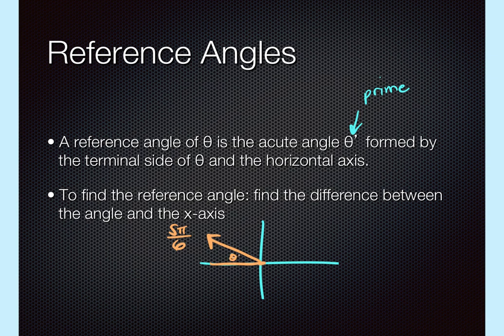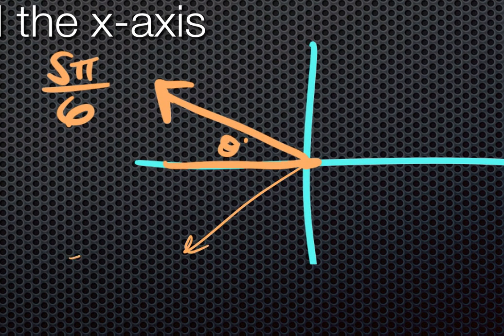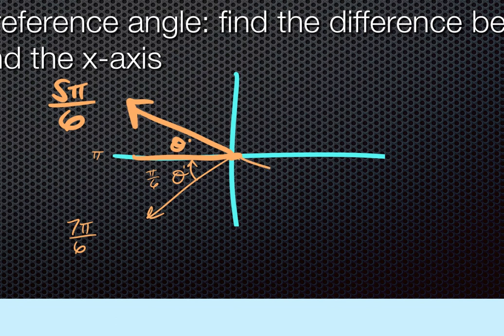And that's why we put theta there. If I put it here, and this is 7 pi over 6, the distance from 7 pi over 6 to here, which is pi, would be pi over 6, which is why that reference angle is still pi over 6, okay? And the same thing over here at 11 pi over 6, I would do the distance between these, which would be 2 pi minus 11 pi over 6, which is still pi over 6.